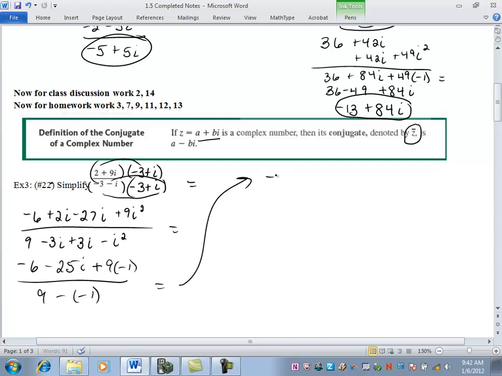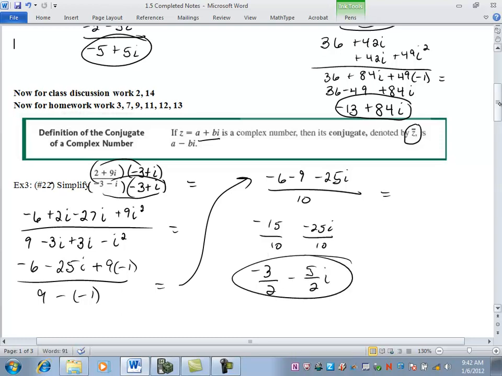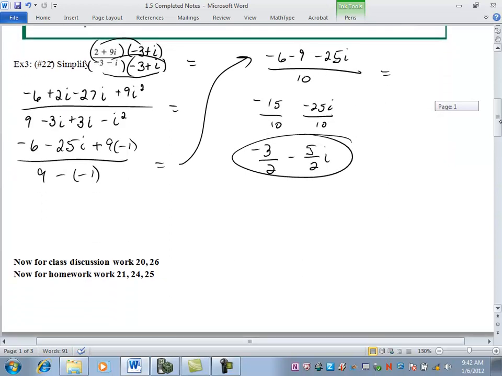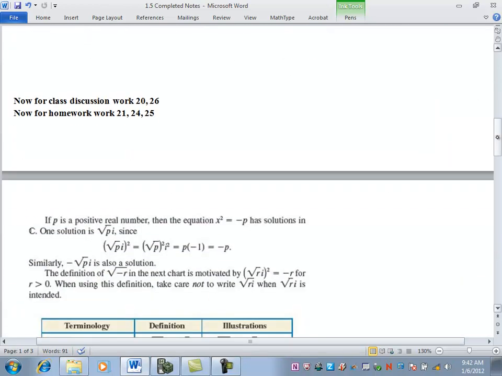Okay. -6 minus 9 minus 25i all over 10. This gives me -15 minus 25i, both of these over 10. So -3 halves minus 5 halves i. And so that's how you divide complex numbers.